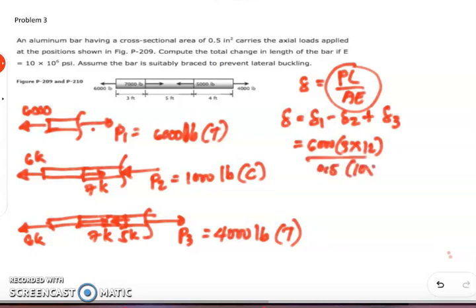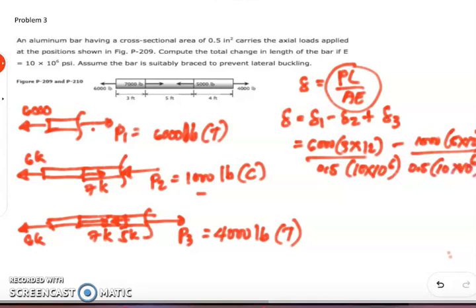Then minus 1,000, we simply substitute our P, we have 1,000 times 5 times 12 all over 0.5 times 10 times 10 to the 6th.